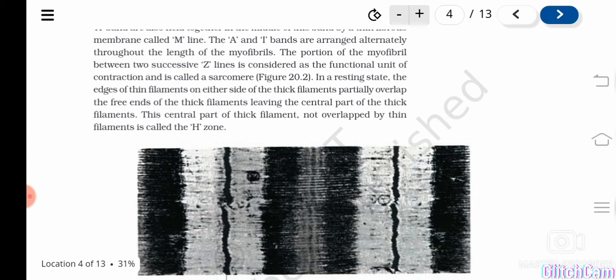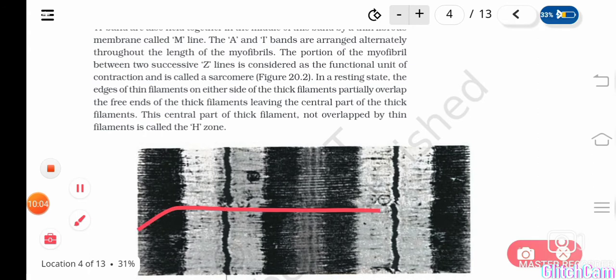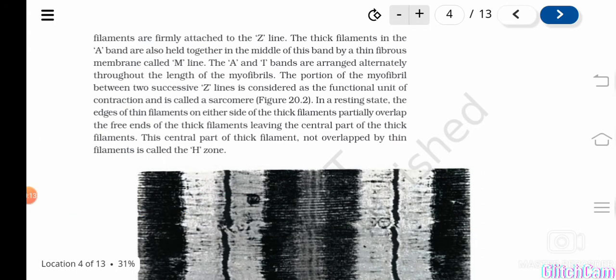The A and I bands are arranged alternately throughout the length of the myofibril. So this is what, a myofibril, and you can see they are arranged alternately. Understood? And the portion of the myofibril between two successive Z lines is known as the functional part of the skeletal tissue, and it is known as the sarcomere.